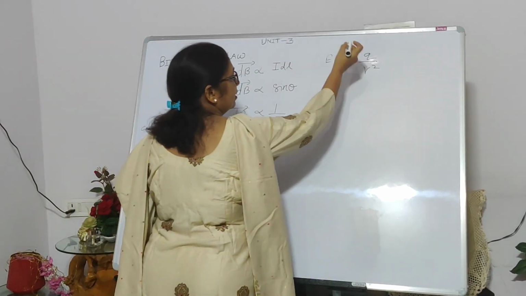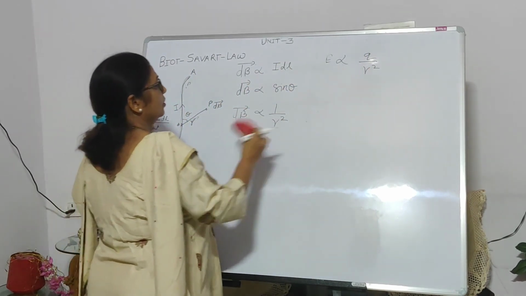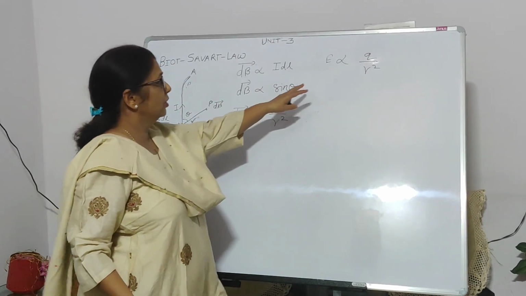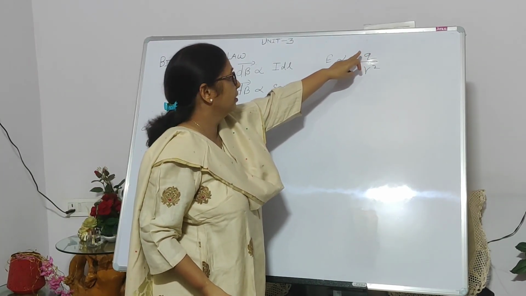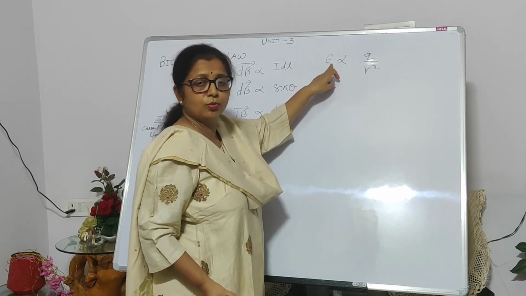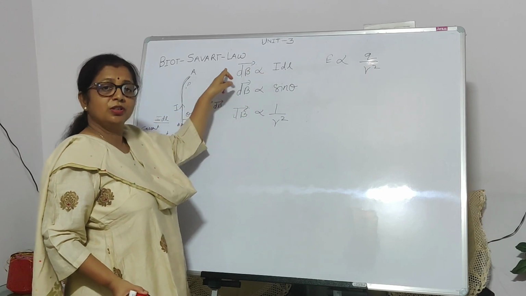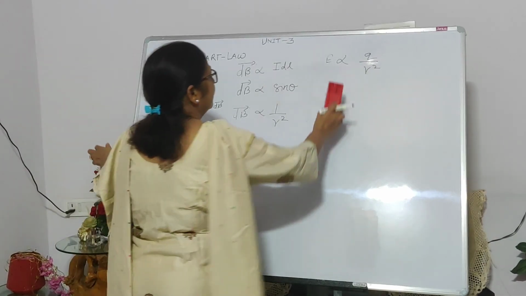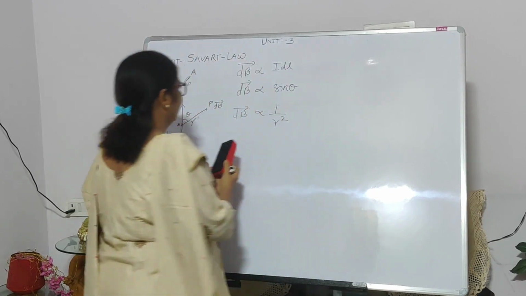Just like Coulomb's law, we can compare this here. Q is the source that produces the electric field; like that, this is the source that produces the magnetic field. So we are comparing the electric field and the magnetic field.